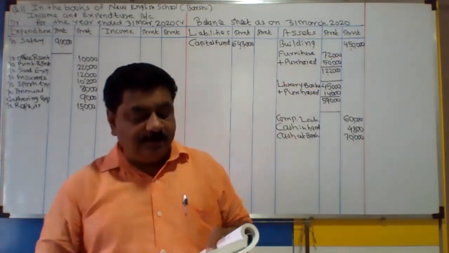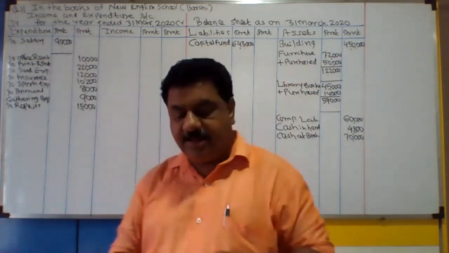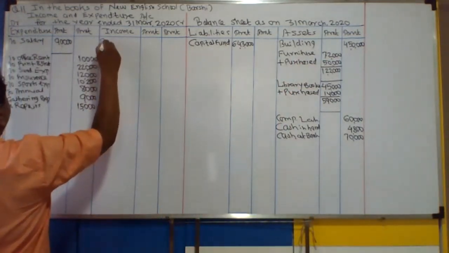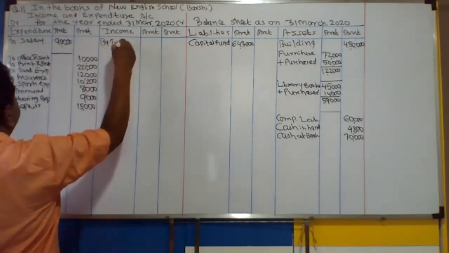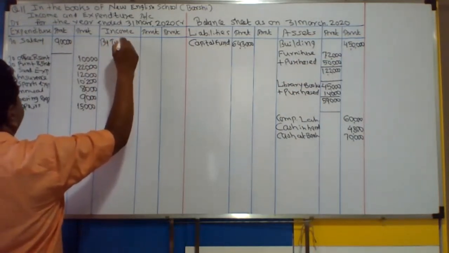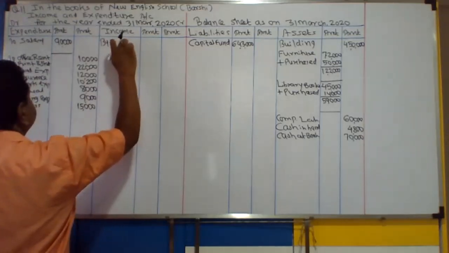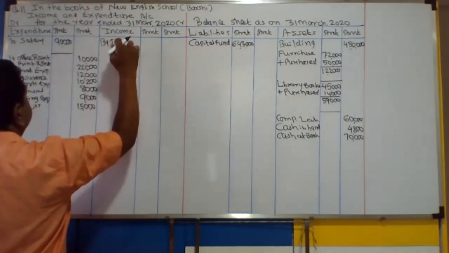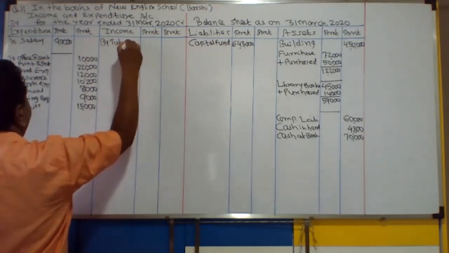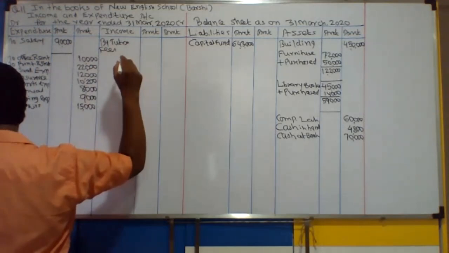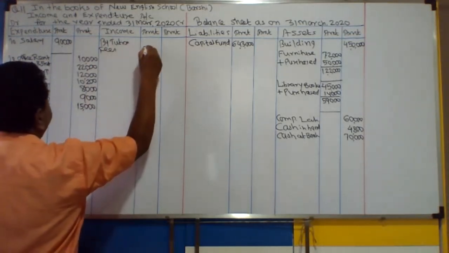Then start recording from tuition fees, 90,000, to be recorded to the income side. In the income, this is a school, by the way. Tuition fees are given to you. Record in the inner column. Amount received is 90,000.